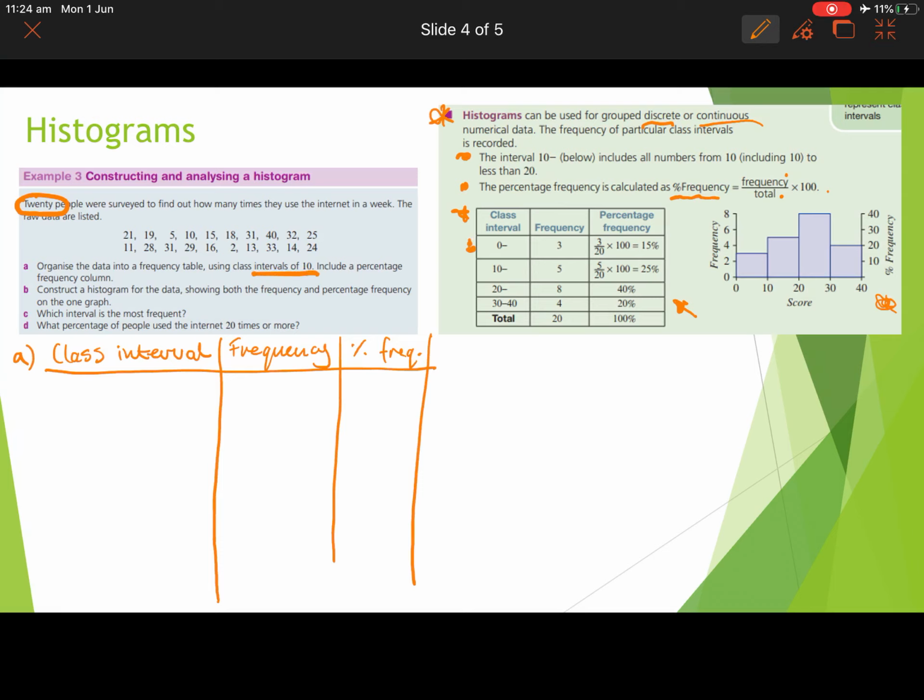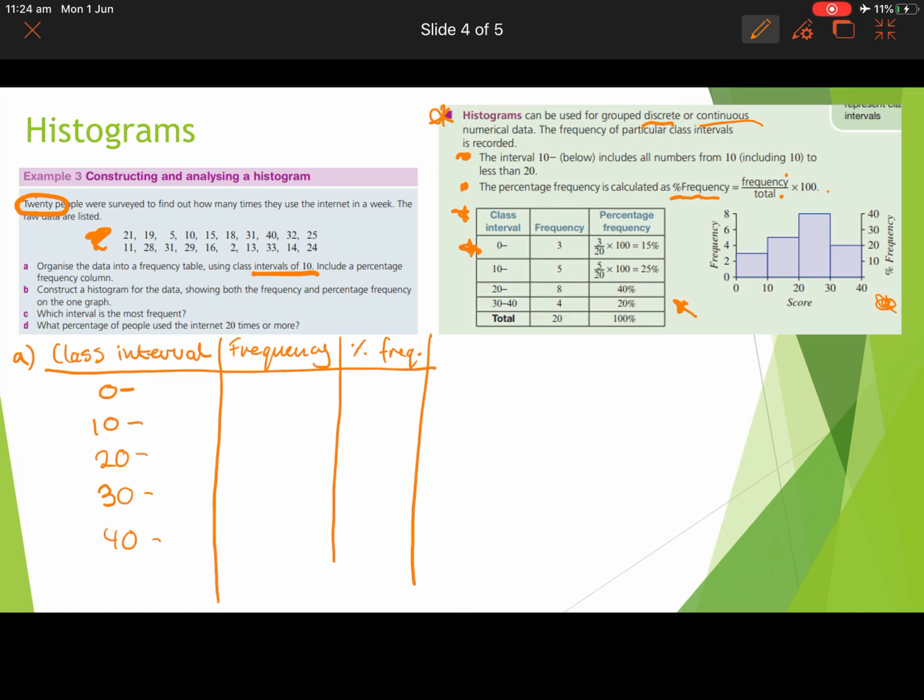So we're going to do the same as over here. So from 0 dash, that means from 0 up to 10, but it doesn't include 10. Okay, 10 up to, so that's pretty much up to 19, 20 up to 29, 30 up to 39. And we're going to have to go more because I can see up here that it goes up to 40, so we're going to have to do another bit.